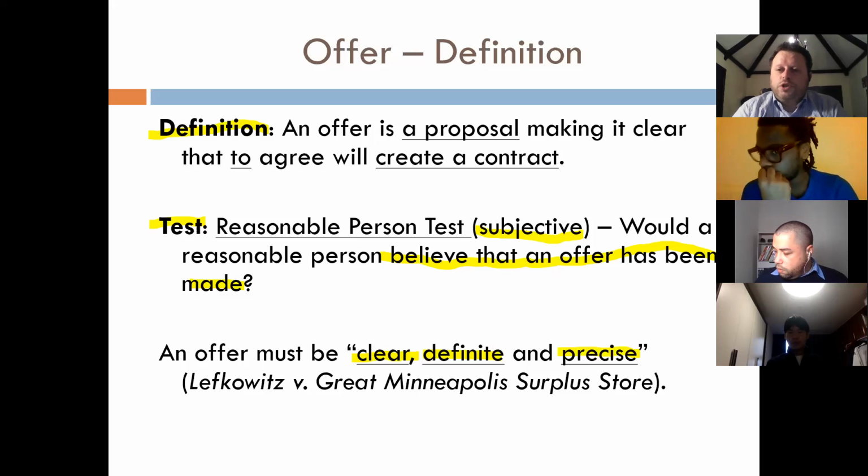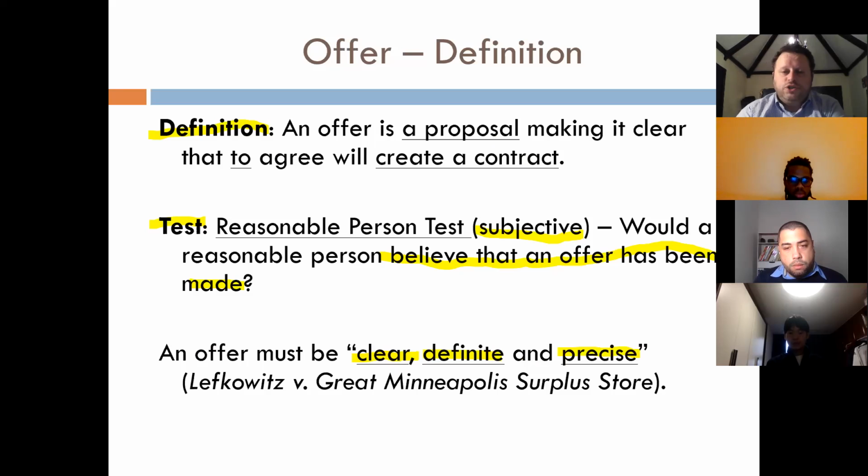I think the average person would understand what I'm saying. A legal deal, something that the courts will protect. These are the kind of words I like: legal, deal, court, protect. I'm not looking for big words, I'm looking for clear explanations. But definitely you need to know the definition, the test, and this clear, definite, and precise rule.